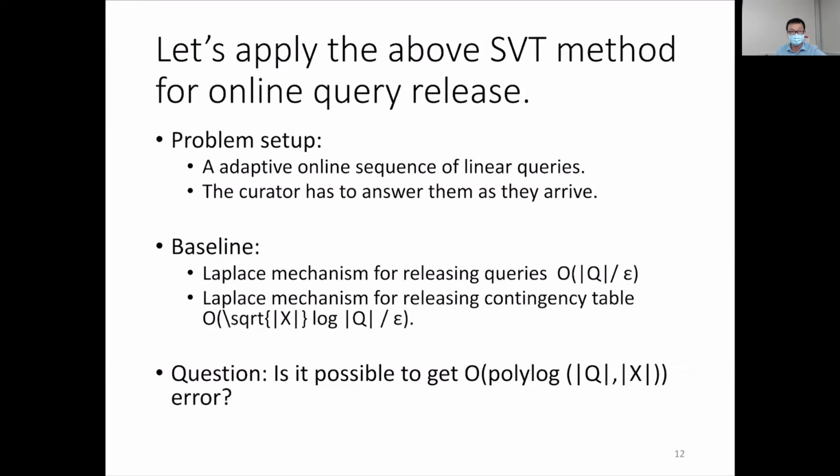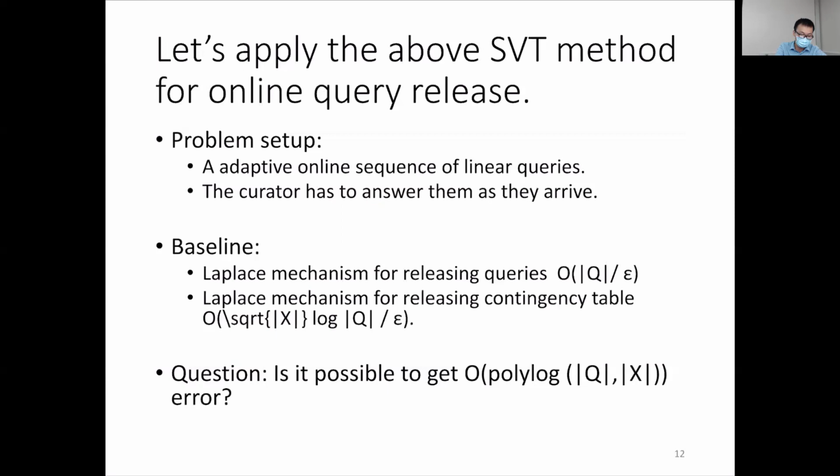Let's say that someone is doing exploratory data analysis on a very sensitive data set. And you, as the curator of this data set, have to provide more or less accurate answers to all the questions that this data analyst asks. And meanwhile, based on your answers, the data analyst could come up with the next question to ask, right?